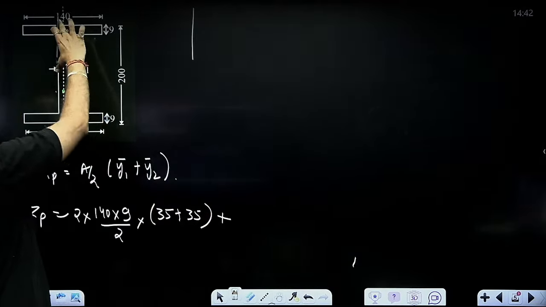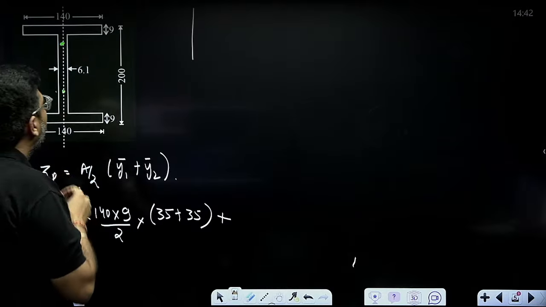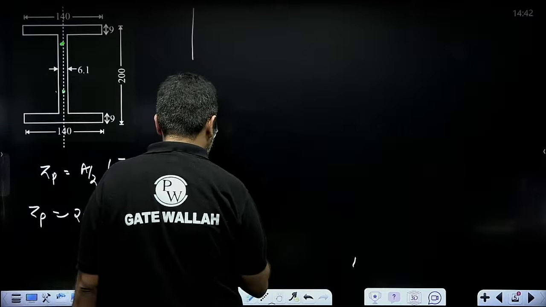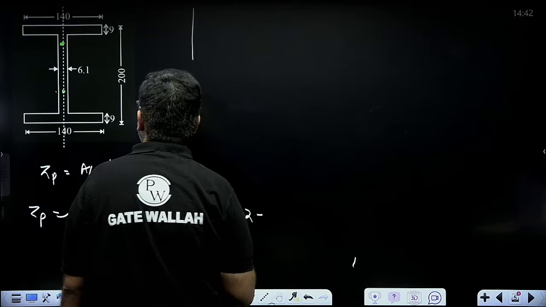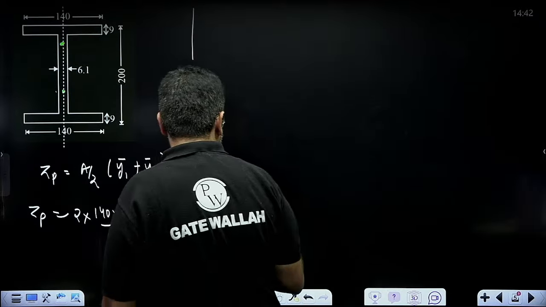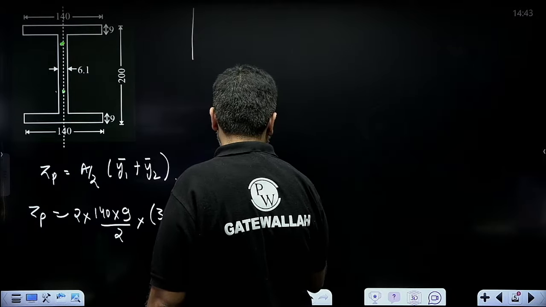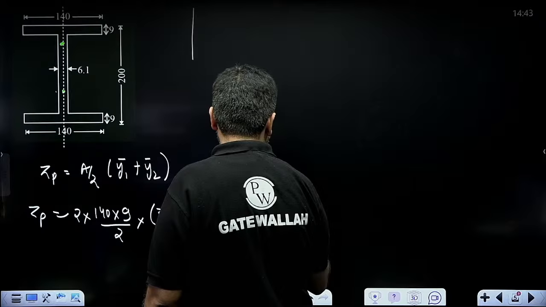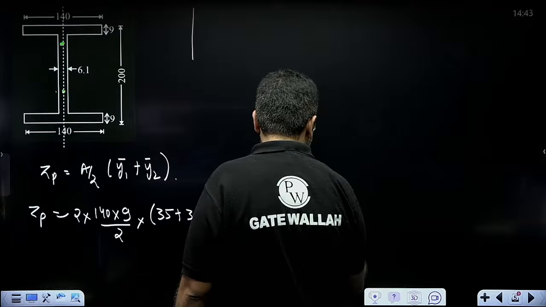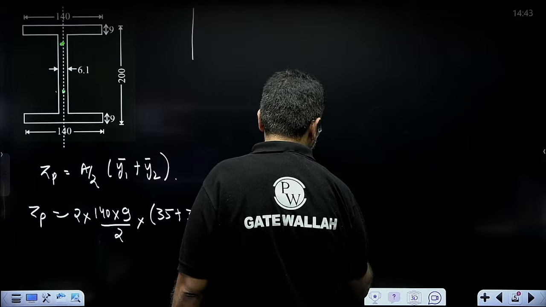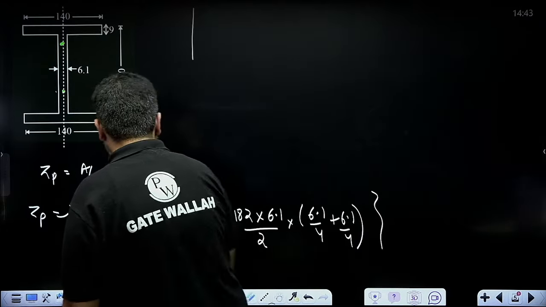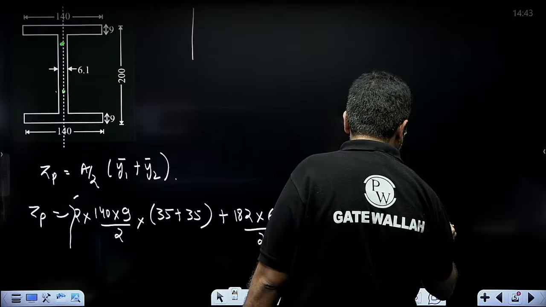Plus the web, which is far easier: 200 minus 18, that is 182, into 6.1, divided by 2 into 6.1 by 4 plus 6.1 by 4. This is my ZP. Multiplied by 10 to the power minus 3, the answer will come out in centimeter cube.